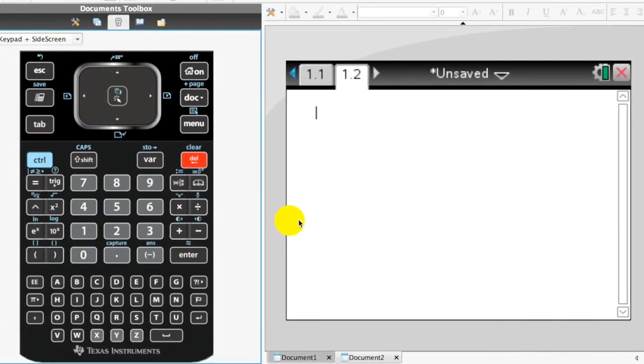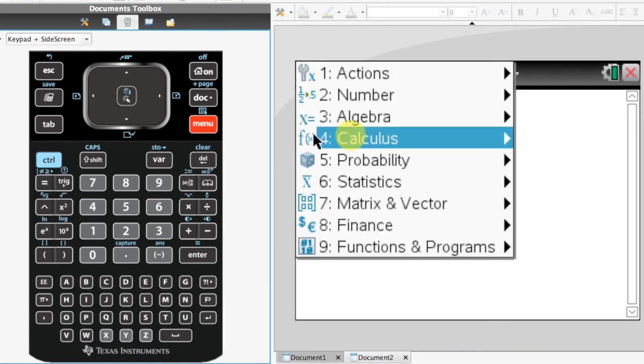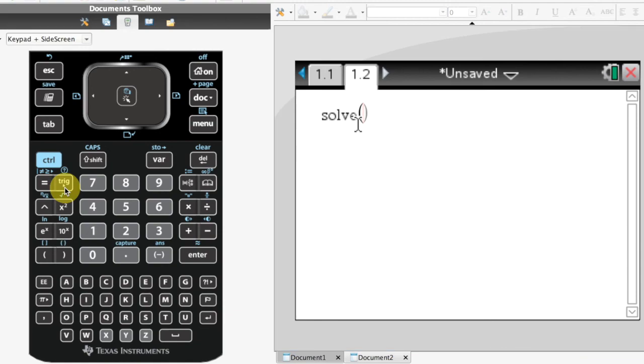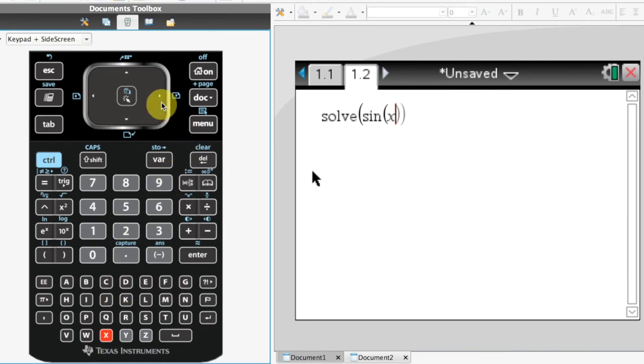So as an example, if I were to evaluate that on my CAS, I go menu, algebra, solve, and then I want the sine function, and it's sine of x equals the fraction square root of 3 on 2.